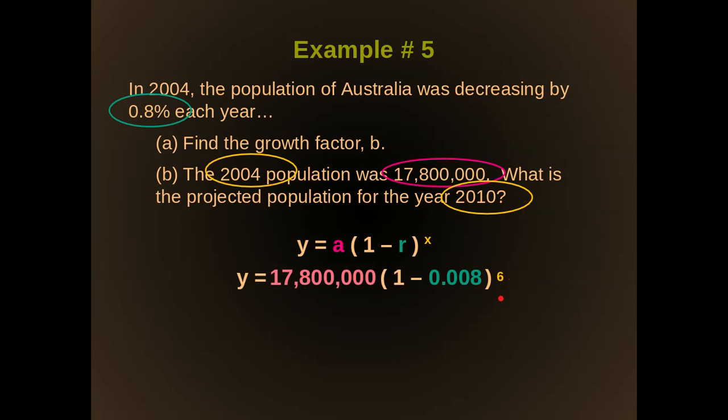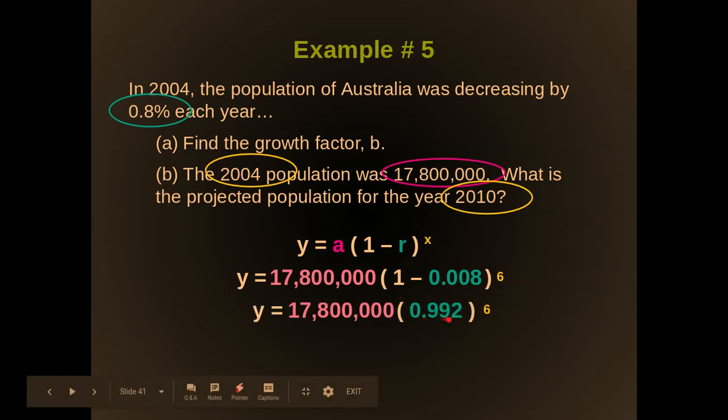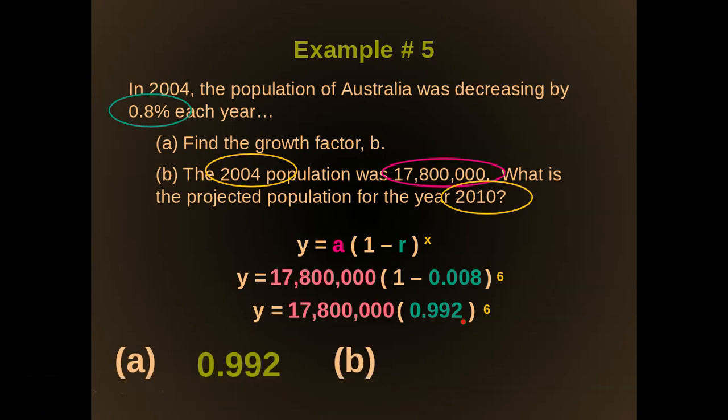Now, the first question asked, what is the growth factor? So the growth factor is the result when we subtract our rate from 1. So 1 minus 0.008 is 0.992. So that identifies the growth factor for us.